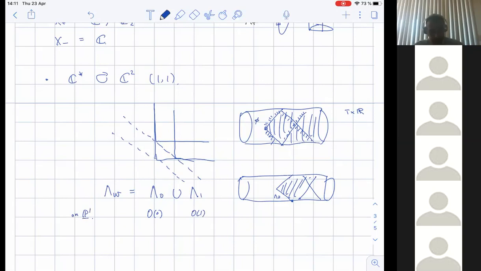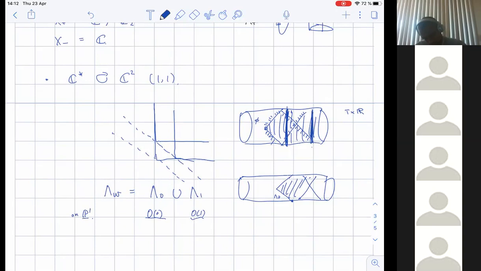I should say it's not technically correct to say O0 and O1, because if you identify P1 with the sheaves on the slice here, then maybe these two objects are O0 and O1. But if you shift that slice by one amount here, then the O0 and O1 will become O1 and O2.